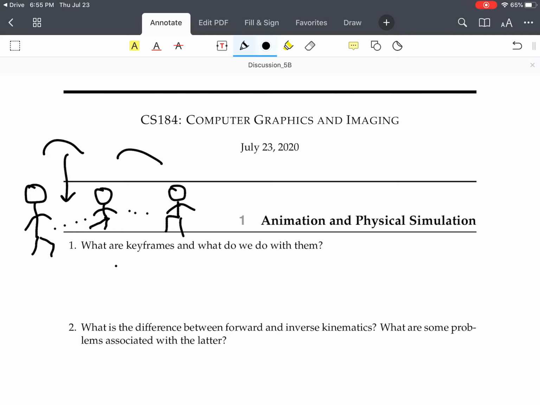Let me just write down the key points. They're the important points in animation.